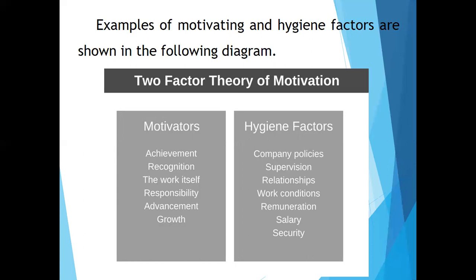If there is any opportunity for growth, advancement, and recognition, and there is scope for achievement, then these factors will really motivate people to work harder, and to be goal-oriented and achieve those goals.